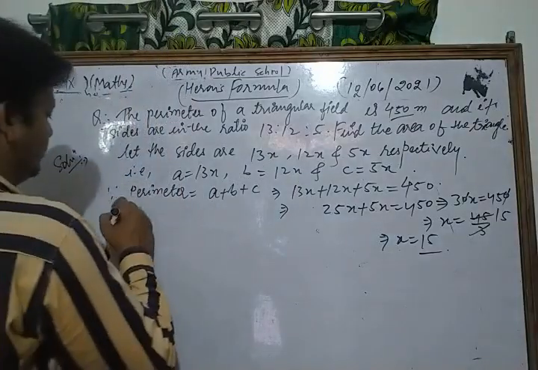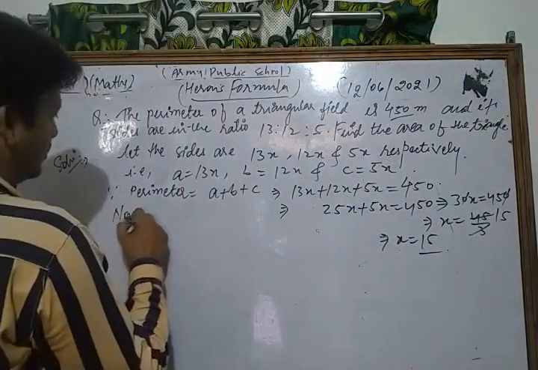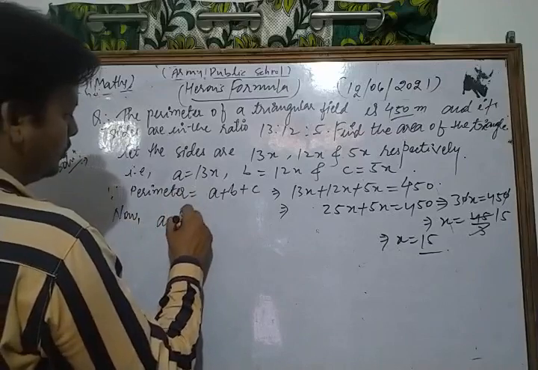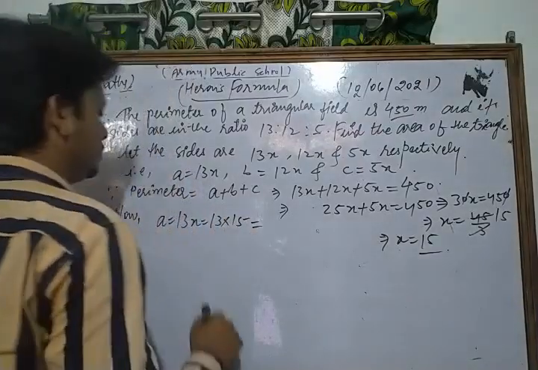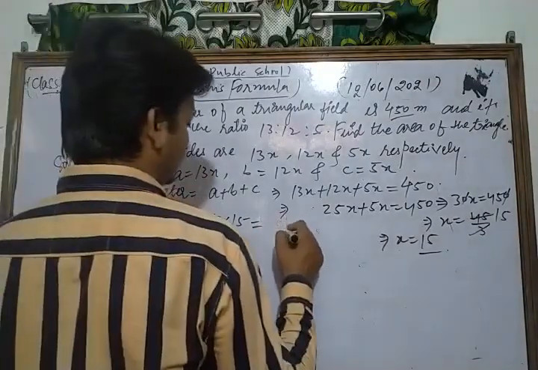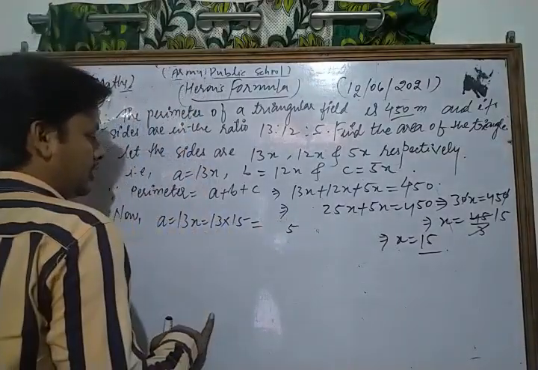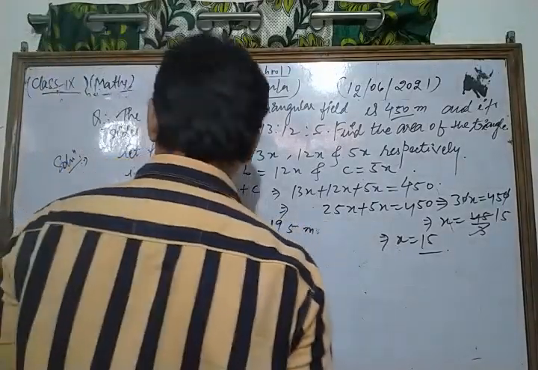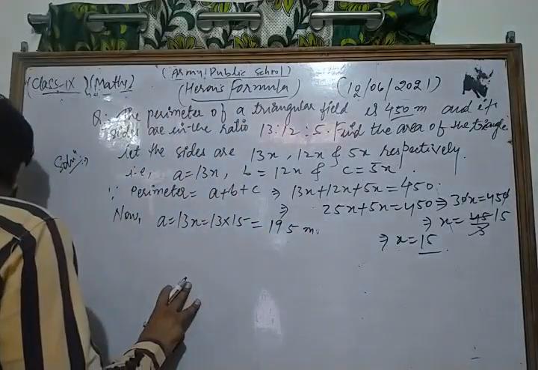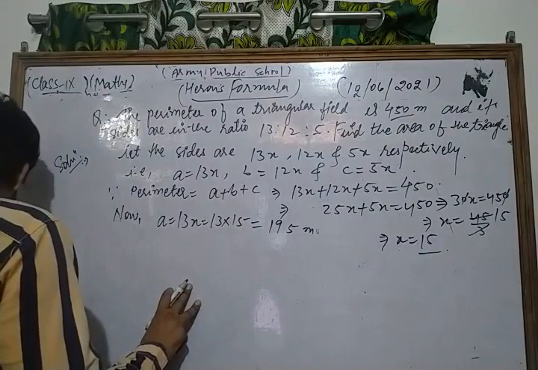Now a is equal to 13x, which is 13 into 15, that is 195 meter. The first side is 195 meter.